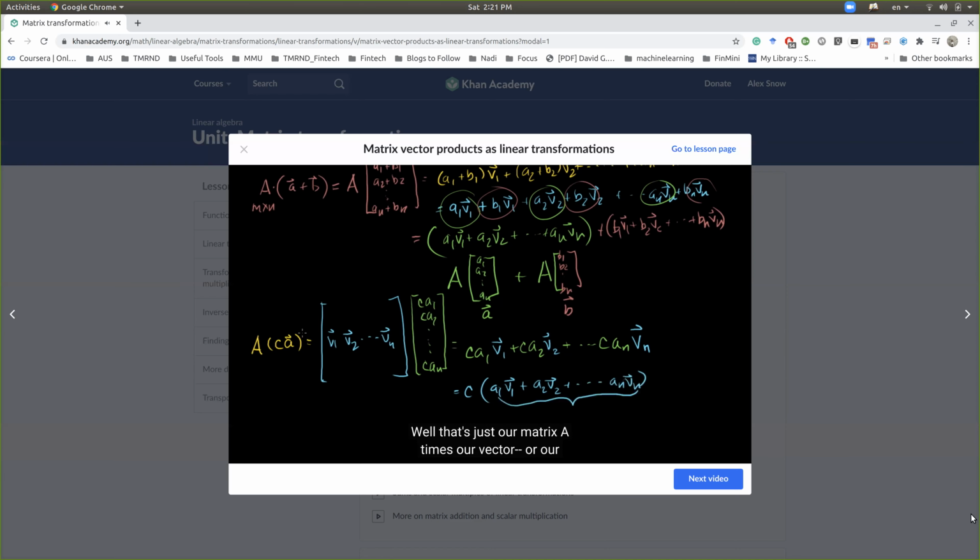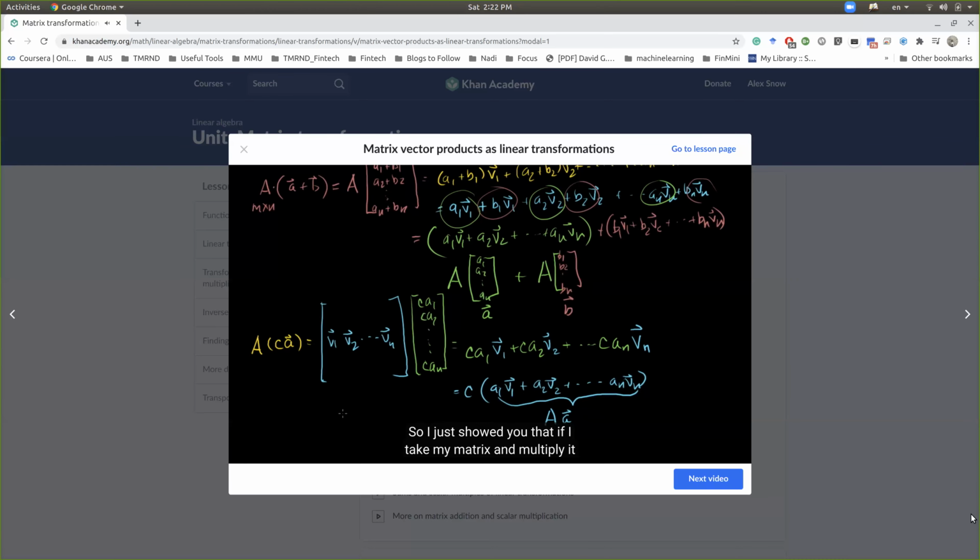Well, that's just my matrix uppercase A times my vector lowercase a. I'm overloading the letter A, but the lowercase a is just A1, A2, and so forth. This thing up here was the same thing as that.